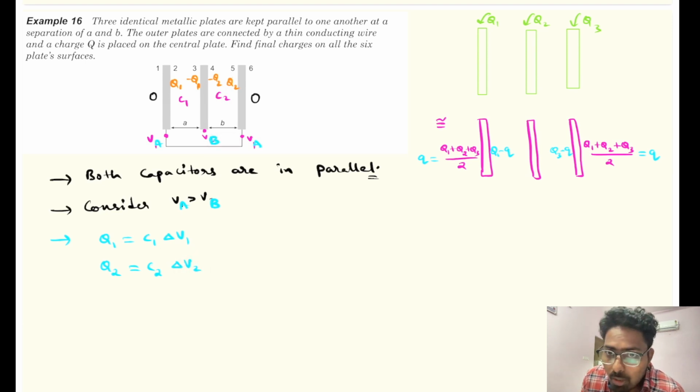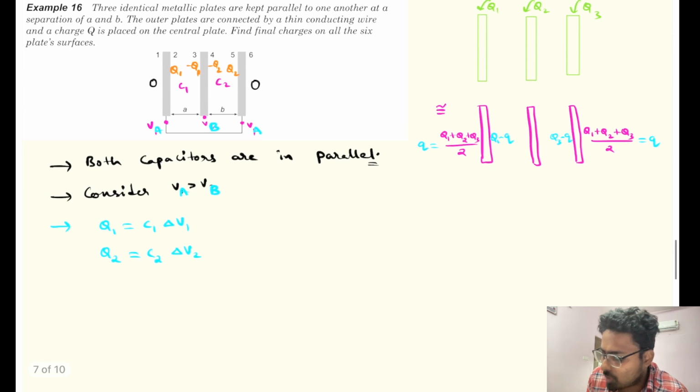But for both, delta v is nothing but Va minus Vb. Now let me just divide these two. By dividing, I will get q1 by q2 as c1 by c2.